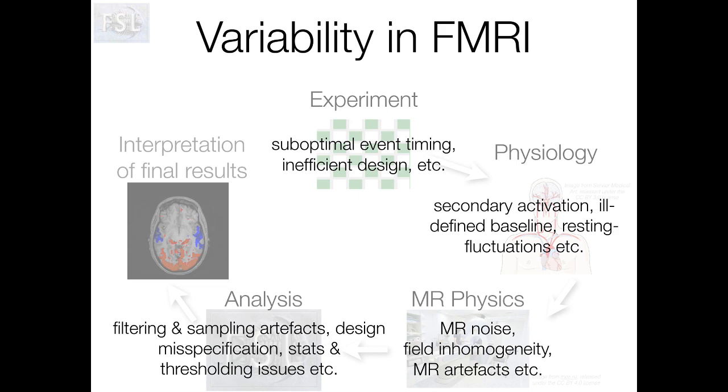And this is because we have a model of what we expect to see. In resting state, though, we don't have a model, and this means that the noise in the data can really dominate the signal that we're interested in, and therefore can dominate our final results. So we need to be particularly careful when we're pre-processing resting state data.